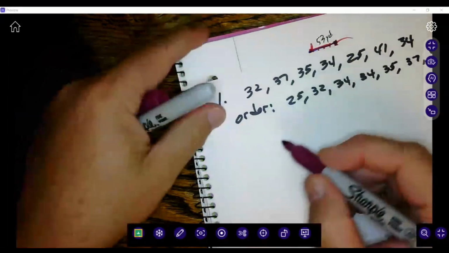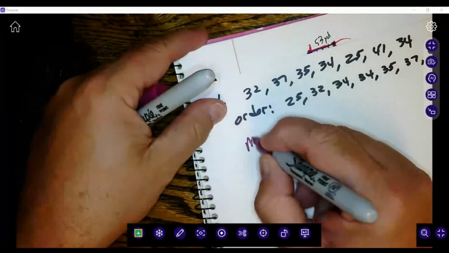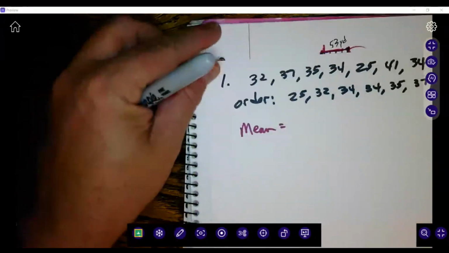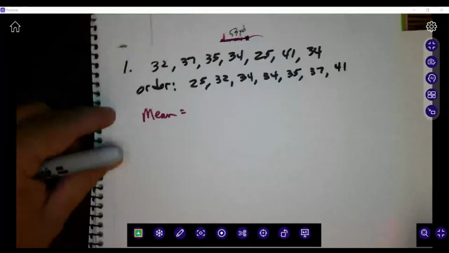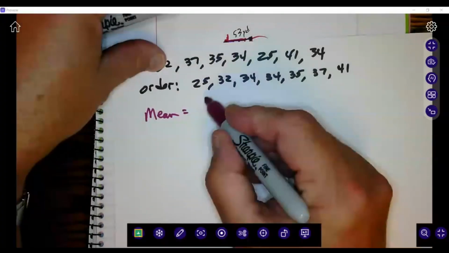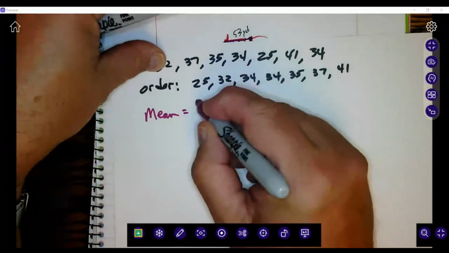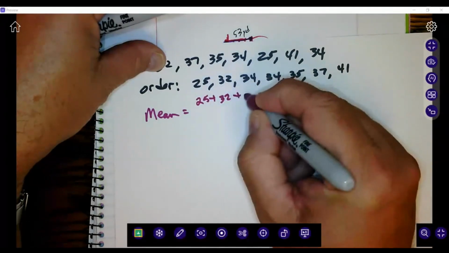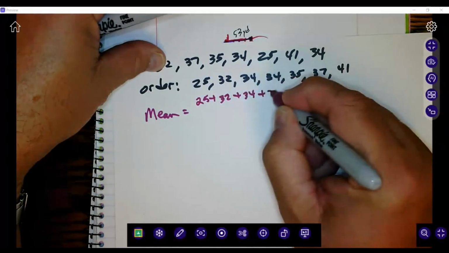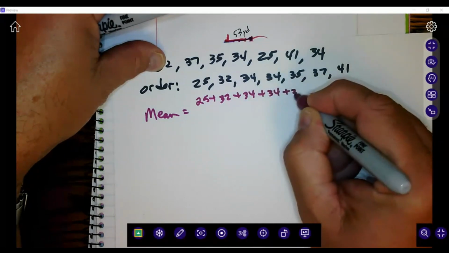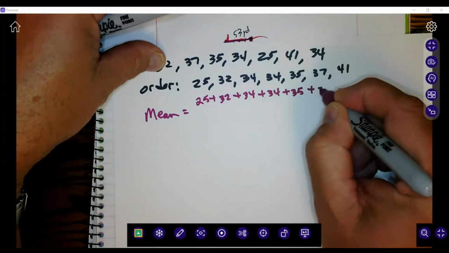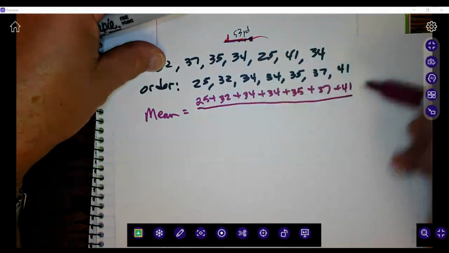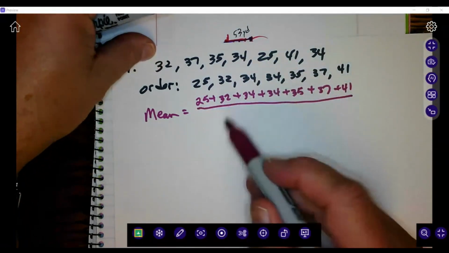So the first thing we're going to find is our mean, and the mean is the average. And the way we find the average is we add up all of the values, 25 plus 32 plus 34 plus 34 plus 35 plus 37 plus 41, and we divide it by the number of items that we have.